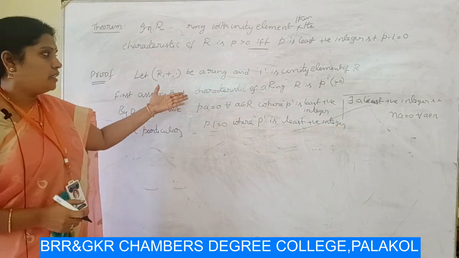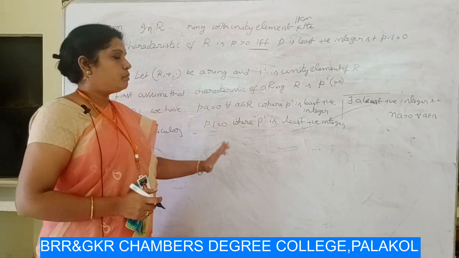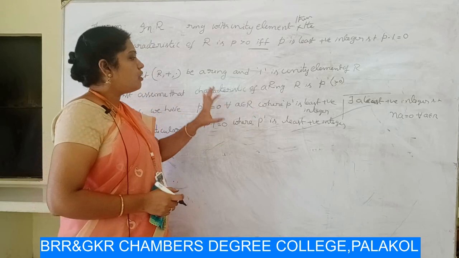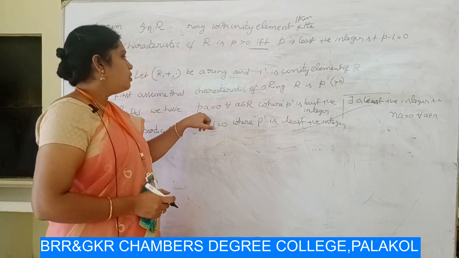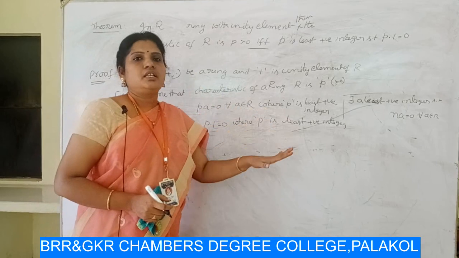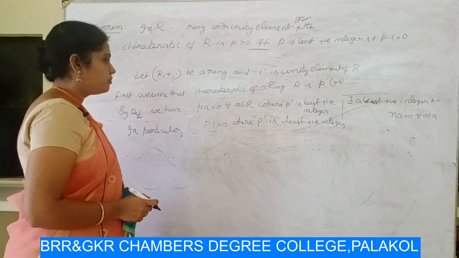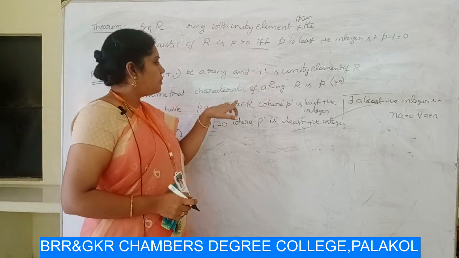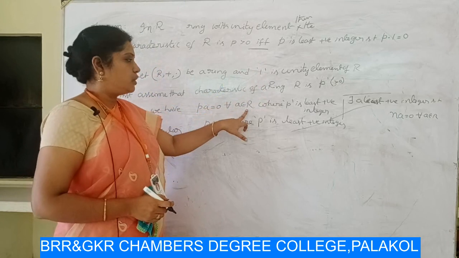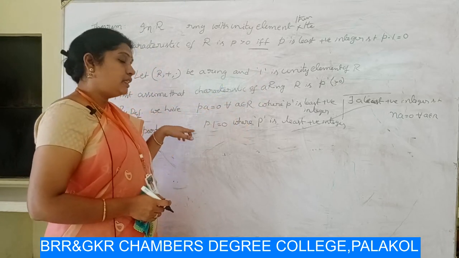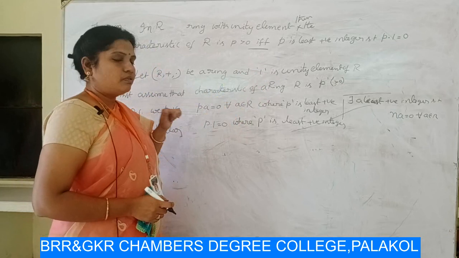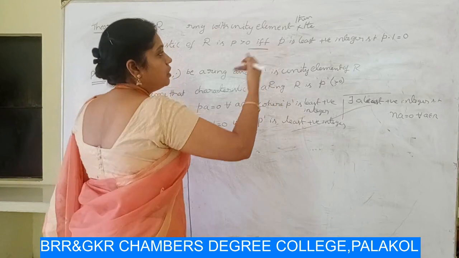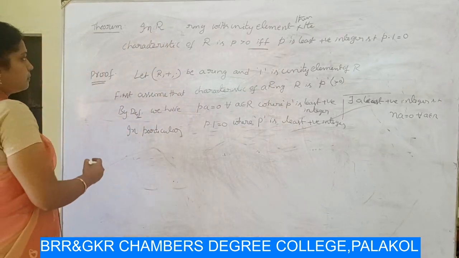Here our assumption is that the characteristic of a ring is P, so by definition we can write Pa is equal to 0 for all a belongs to R. That means all the elements in R satisfy Pa is equal to 0, where P is the least positive integer. In particular, 1 is also an element of R, that is the unity element. So we take a is equal to 1, and we get P into 1 is equal to 0 where P is the least positive integer.